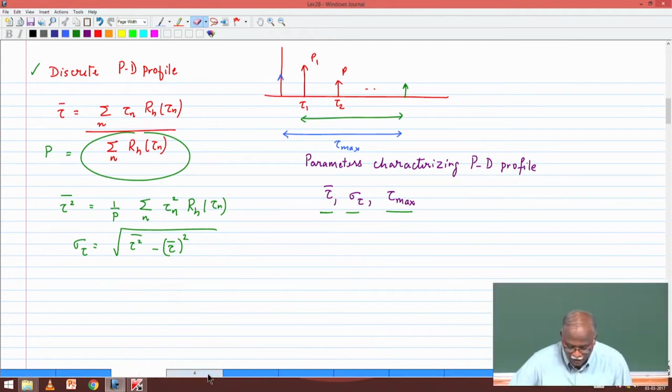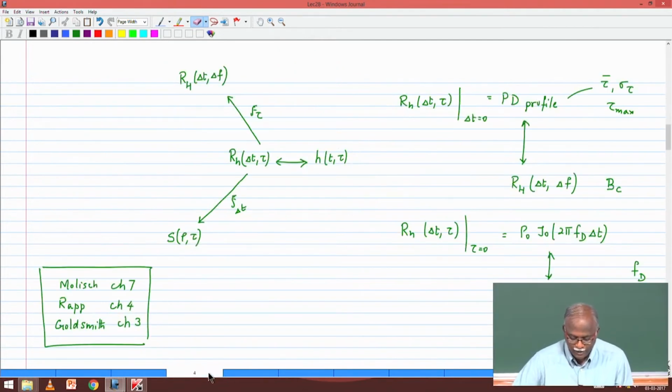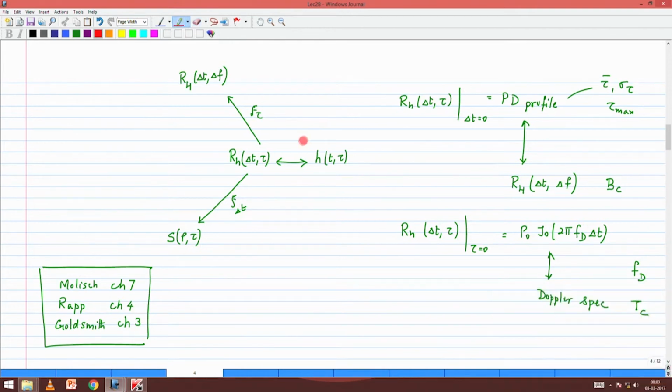Okay. So given that you can characterize a power delay profile, the last thing that we did in the previous lecture was to characterize that, starting from the time varying impulse response, you could then obtain an autocorrelation function which has both delta t and tau variations. If I set delta t to be equal to 0, then I can do a Fourier transform.